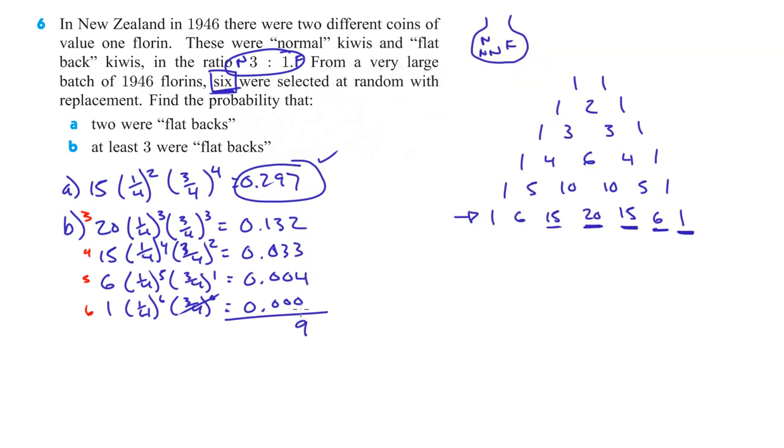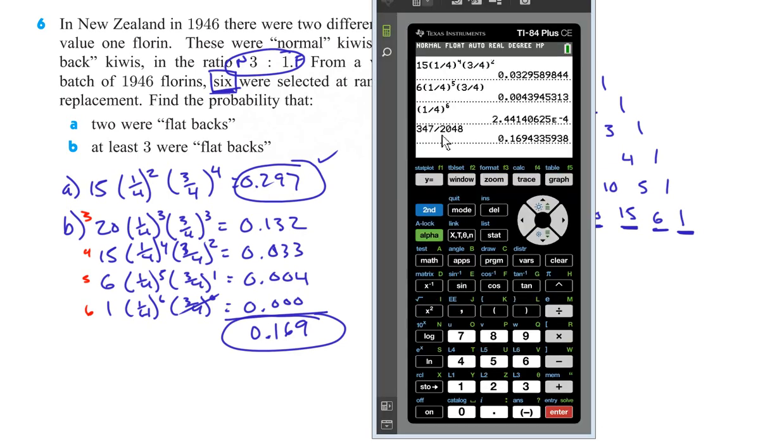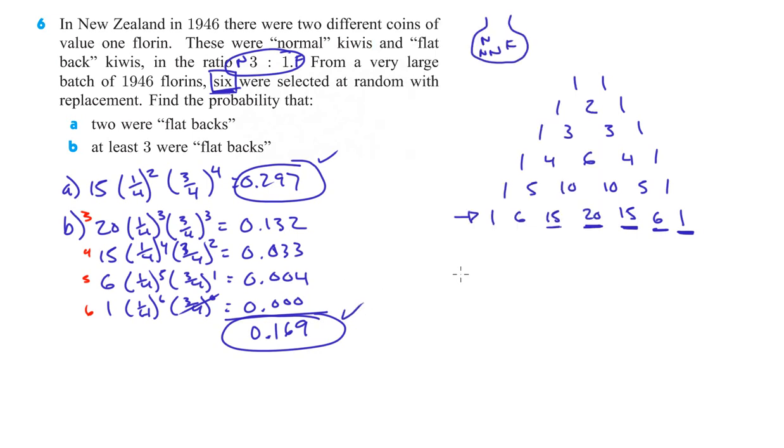That's 0.169. So 16.9% of the time you're going to get at least 3 flatbacks. And if we had done this with the fractions, we would have got 347 over 2048, which is 16.9%, 0.169 there as well.